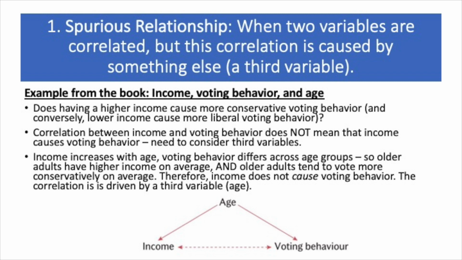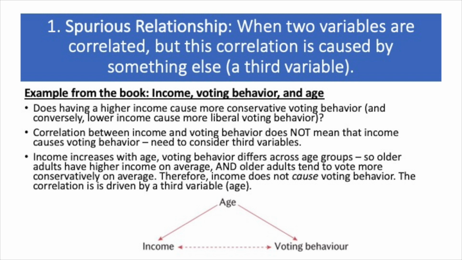We might falsely conclude, after getting that bivariate association, that income causes voting behavior in some way. More specifically, that having higher income causes someone to vote more conservatively, or having lower income causes someone to vote more liberally.